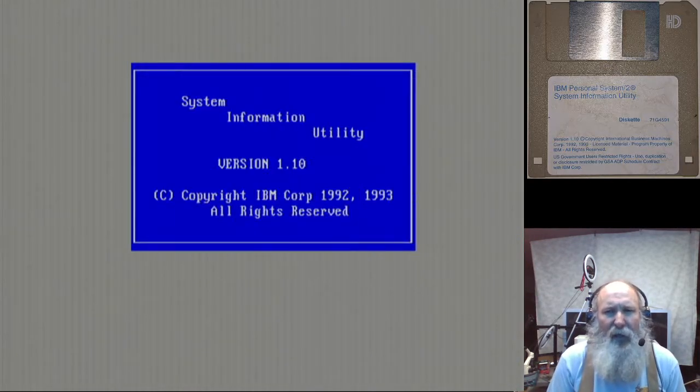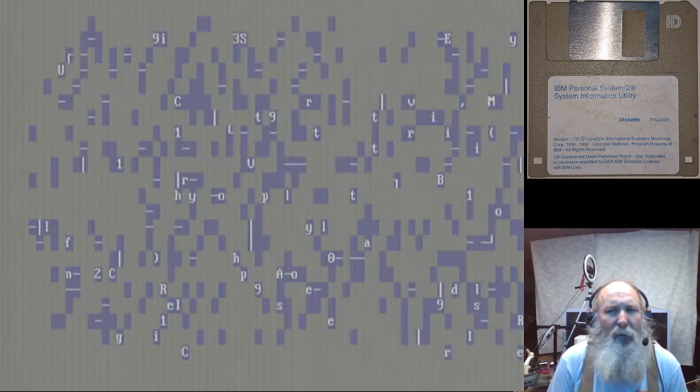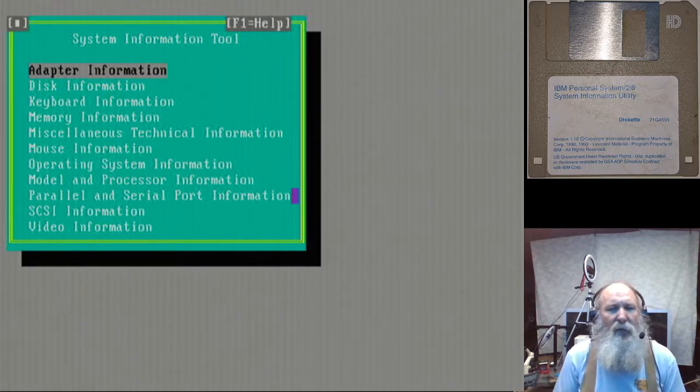And so I've already copied over the system information tool to the hard drive, and let's go ahead and run it. I do have a mouse driver set up on this system as well, although I can probably just use the cursor keys to go through that.